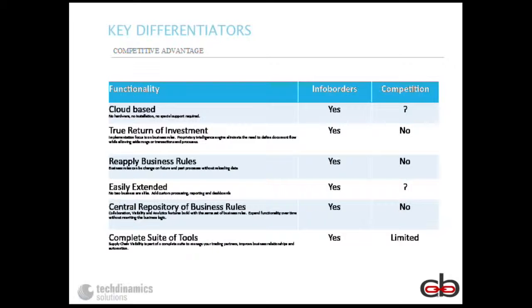It's unique because it's web-based and doesn't require integration. It allows you to be very flexible in terms of how we can manage those business rules, where they are kept. And we can easily extend the functionality. This is one of the key benefits that we provide.